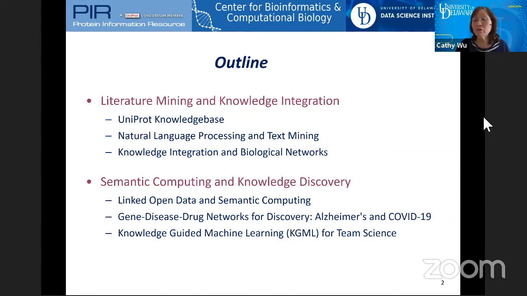Then I will go to the second topic about the semantic computing framework, and discuss the scientific use cases that we have developed in constructing gene disease drug networks for diseases from Alzheimer's to COVID-19. And then finally discuss the relevance of the framework to knowledge-guided machine learning for team science and translational biology.